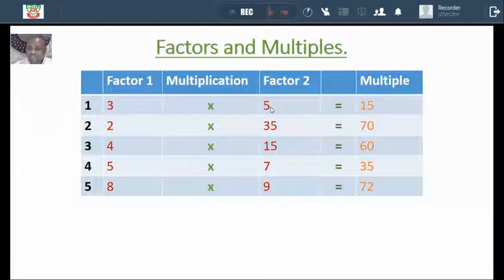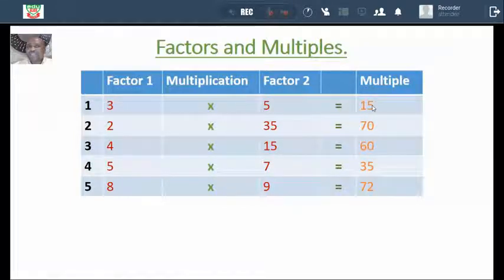If we divide 15 by 5 and we get exactly 3, it means 5 is a factor of 15. If we divide 15 by 3 and get exactly 5, it means 3 is a factor of 15. So 3 and 5 are the factors of 15.